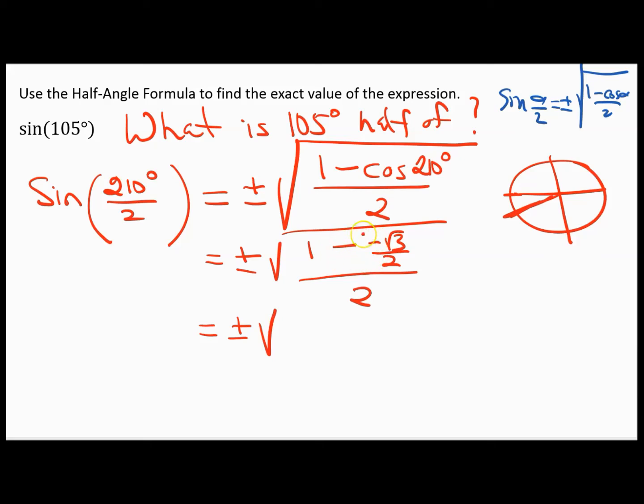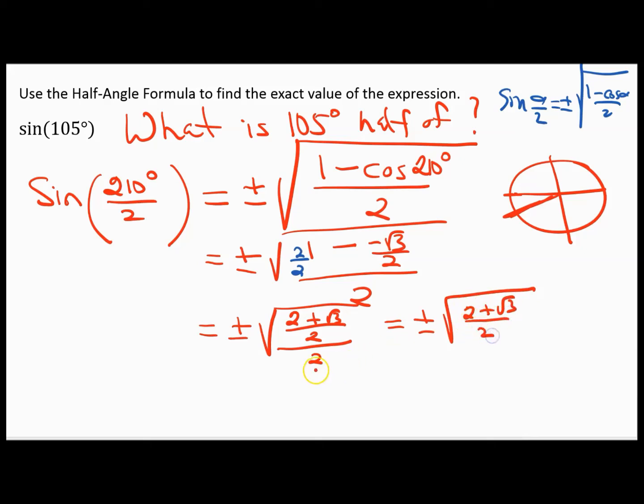I continue to simplify. You got plus or minus the square root. Okay, this turns into plus, and I need to write a common denominator up here, so I'm going to multiply the 1 by 2 over 2. So now I have 2 plus the square root of 3 over the common denominator 2, also divided by 2. Move across, that's plus or minus the square root of 2 plus the square root of 3 over 2 times this guy.